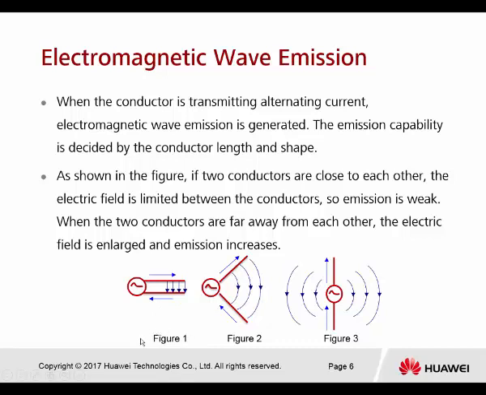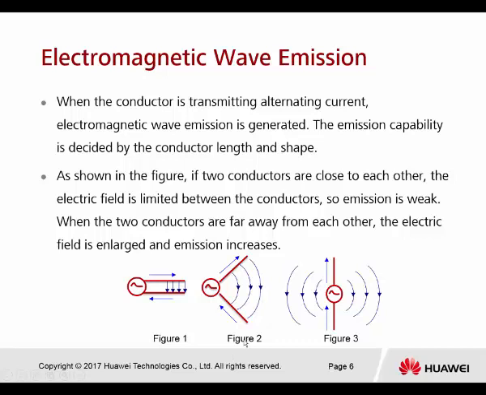As you can see in figure number 1, the conductors are very close to each other, so the electromagnetic wave can only focus on this area. When it tries to come out from this conductor, the energy is transmitted this way. For figure number 1, we call this a directional antenna. Okay, it can only shoot in one direction.